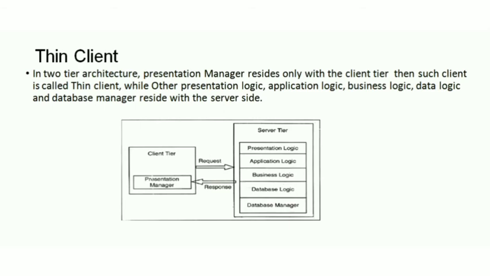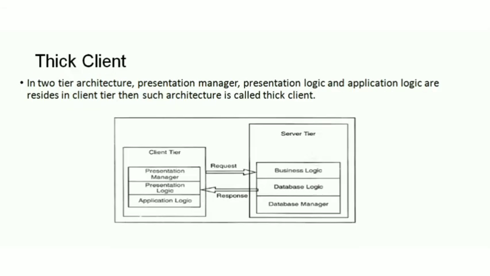Now what is the thick client? In two-tier architecture, the presentation manager, presentation logic and application logic reside at the client side, while the business logic, database logic and database manager are at the server side.